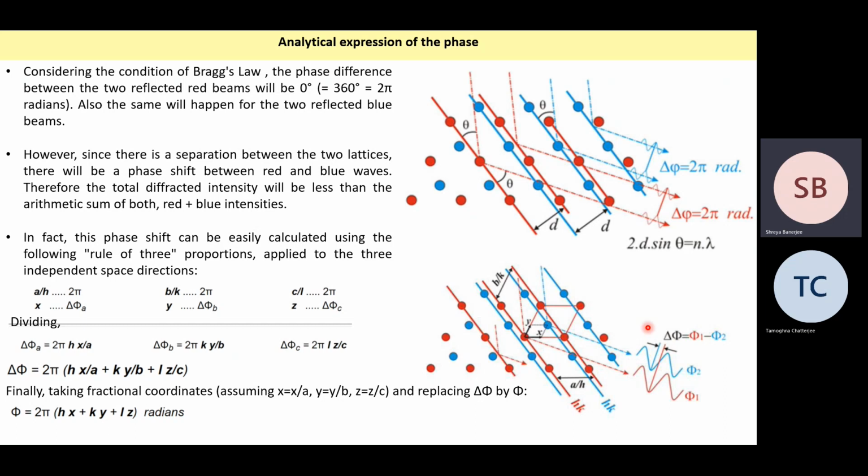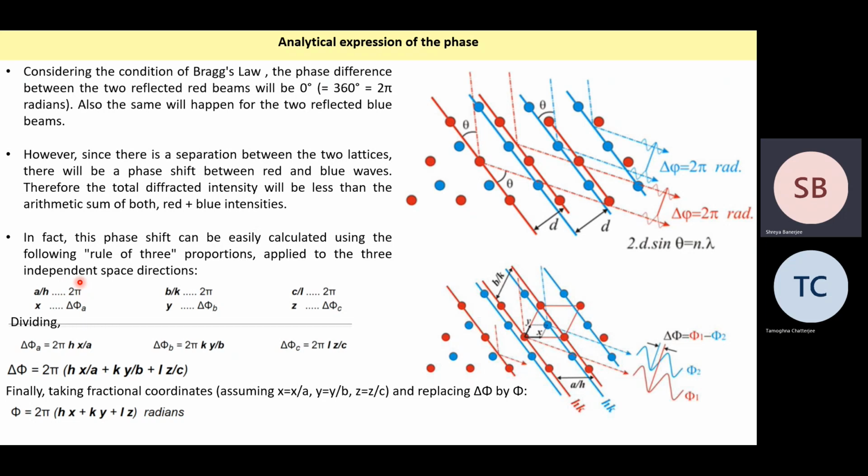So the final diffracted pattern that you get by summing up the red and blue diffracted beams will not be the exact sum of the amplitudes, because there is a difference in phase. If you want to calculate this phase difference, it is basically a multiple of 2 pi.